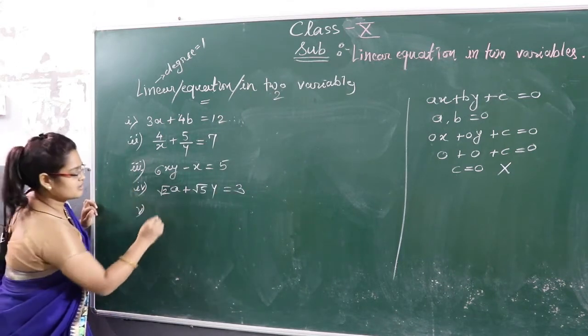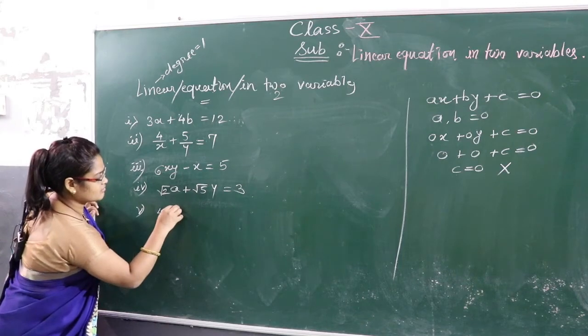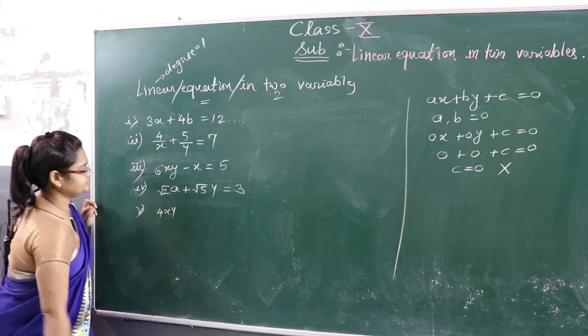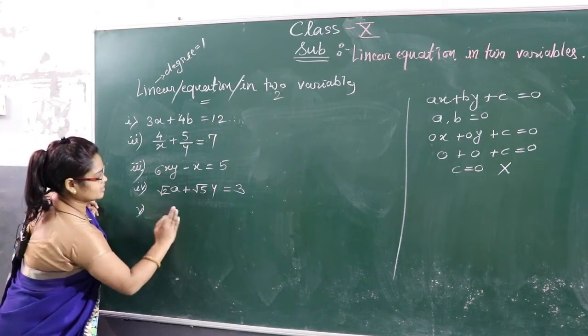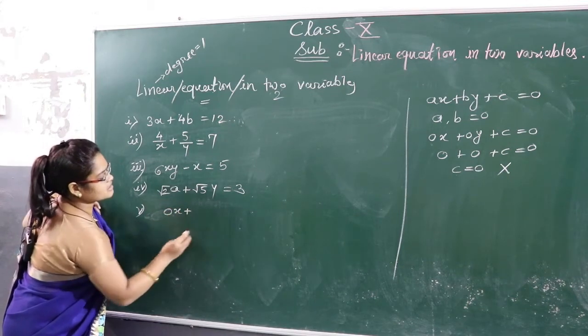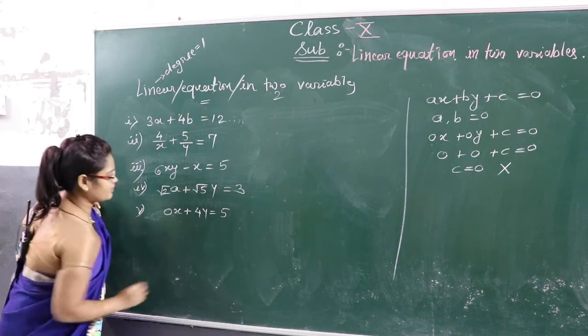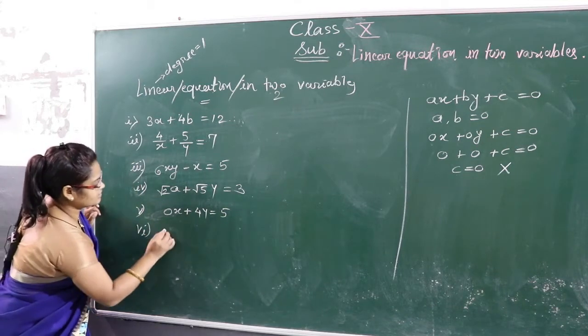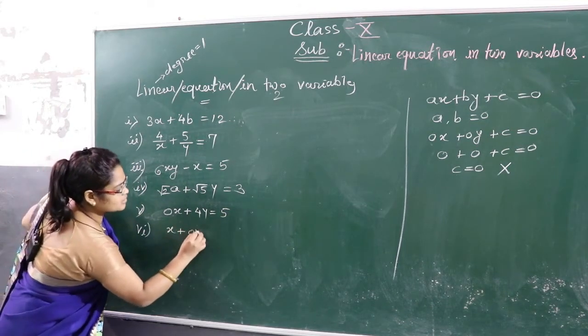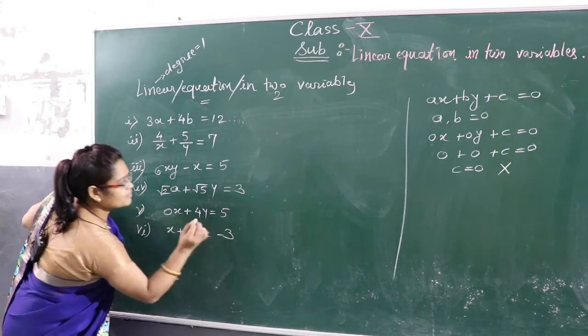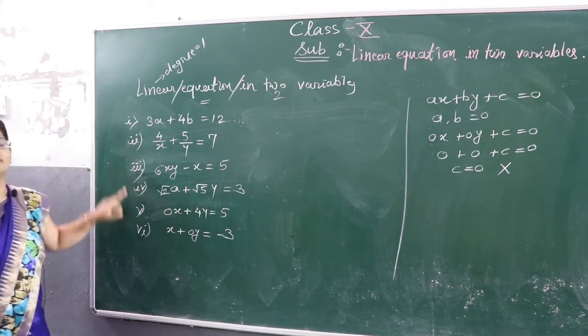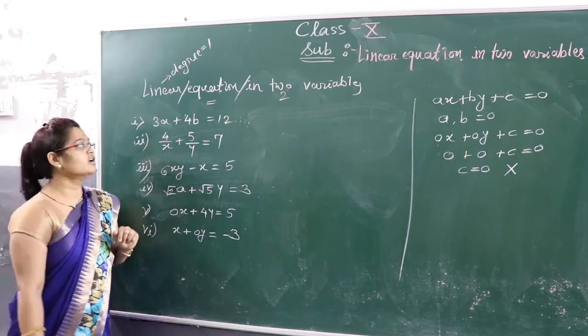Fifth one is 4xy, 0x plus 4y equals 5, and the last one is x plus 0y equals minus 3, and we will decide whether they are linear equations or not.